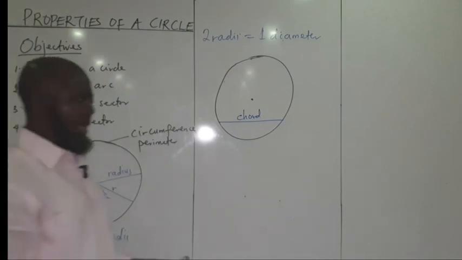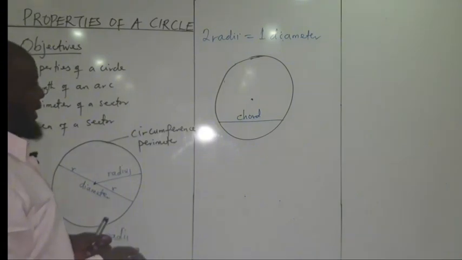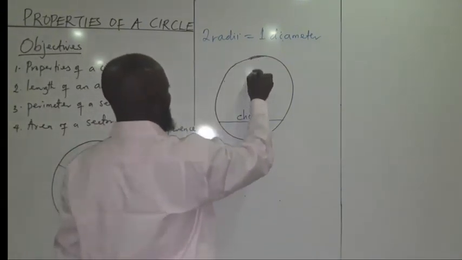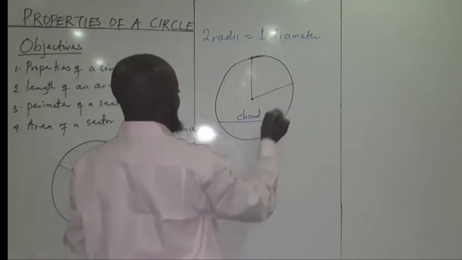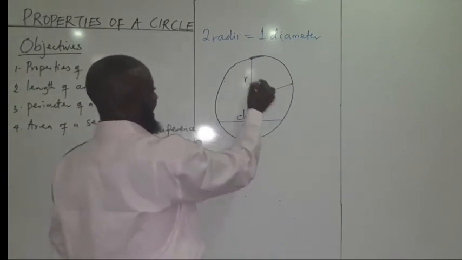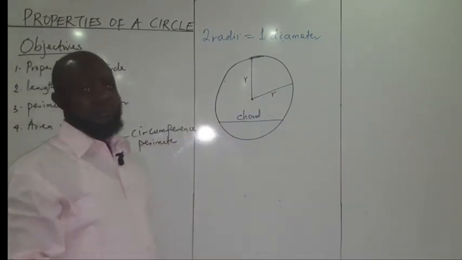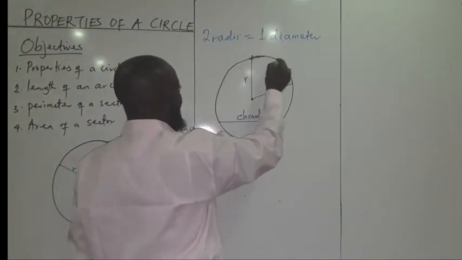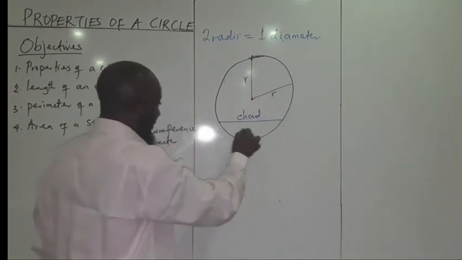So from here now, we can have another. Let me draw a radius. This one is a radius. I have another radius here. They are the same. They are always the same. Now, this line here is the circumference, right?